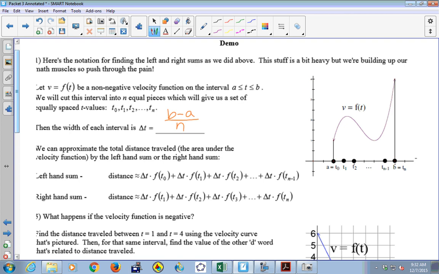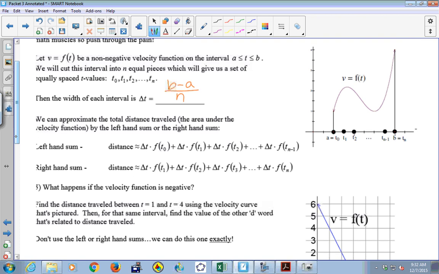All right, so we approximate the total distance traveled, that is the area under the velocity curve, by using a left-hand sum or a right-hand sum. In some of your zombie race problems, I had you get lower estimates and upper estimates, and that didn't always mean always use the left or always use the right. But in these examples, we're always going to use the left or always use the right.